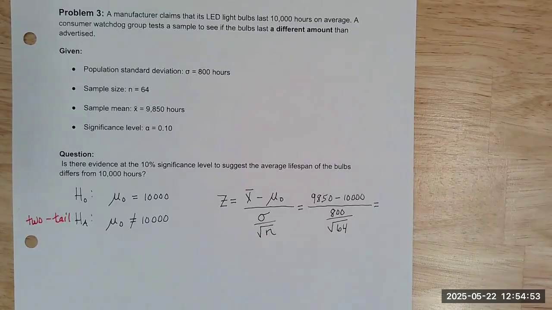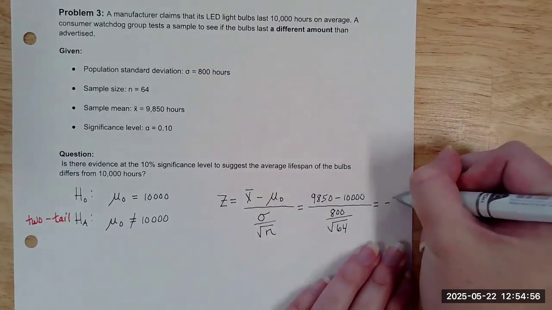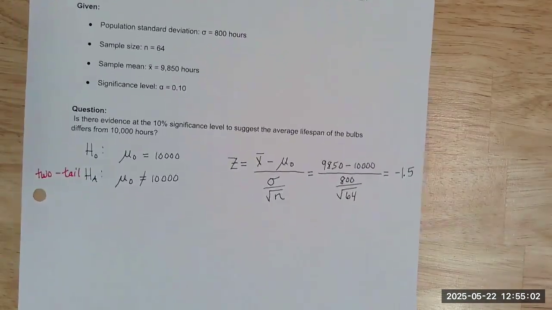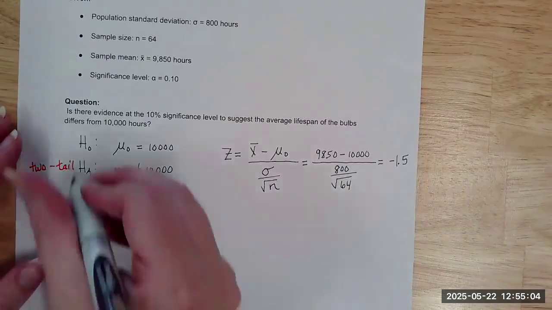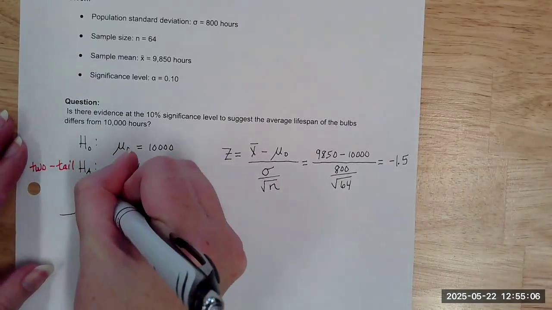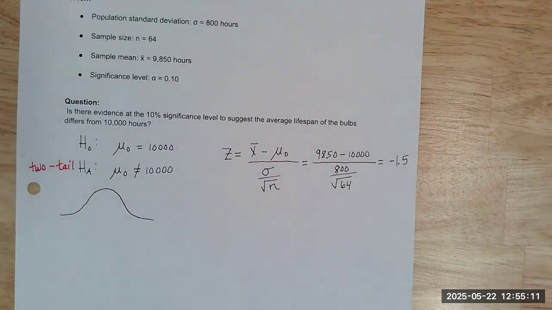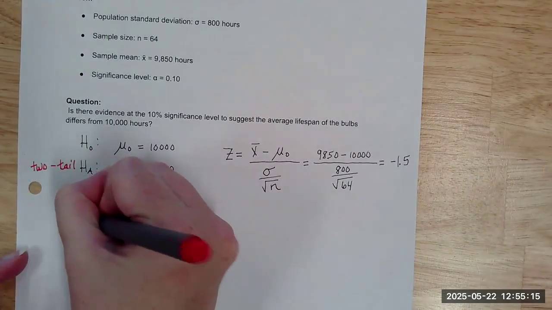So I got negative 1.5. That's going to let me go draw my picture now. So negative 1.5 is going to be over on this side.